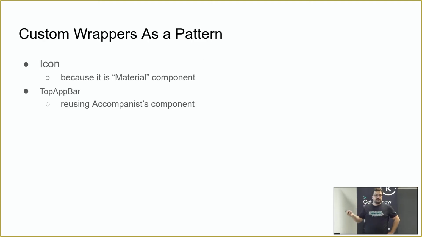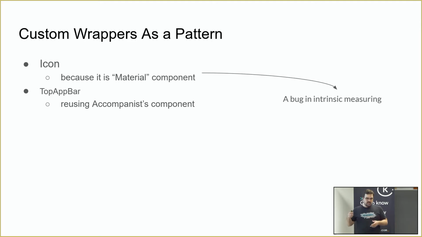So, as I've said, we are using the wrapper pattern. We have a custom Icon, which is wrapping the Material component. We have a TopAppBar, which is wrapping the Accompanist component, which adds some inset handling and so on. And this is the best way you can do it, basically, because when there is a bug, you can fix it for free and you don't have to rename everything. As I have said, there is a bug in the Material Icon implementation.